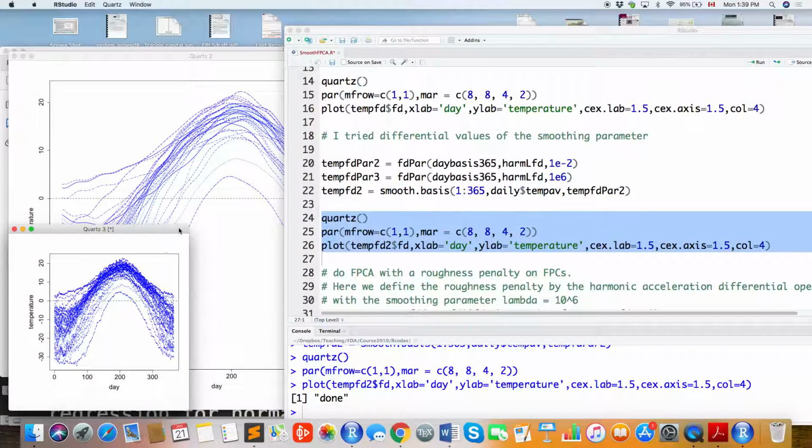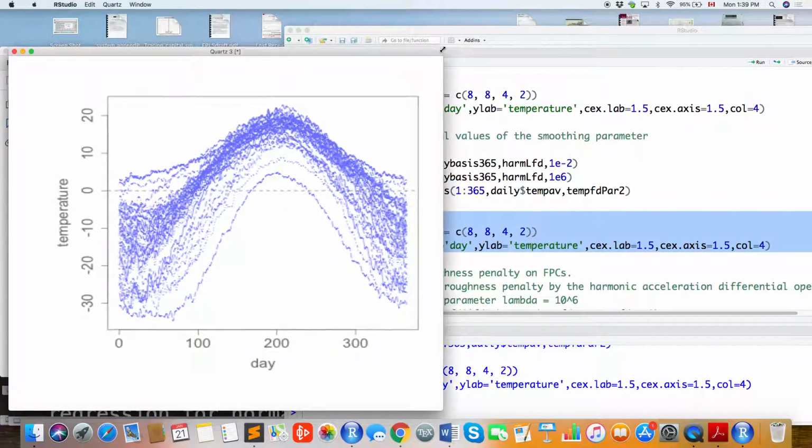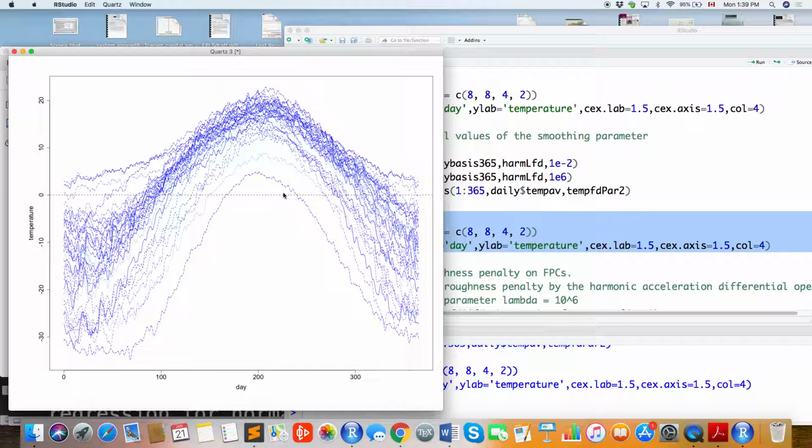So this will be the smooth temperature curve using lambda equal to 10 to minus 2. You can see it is more rough now, right?